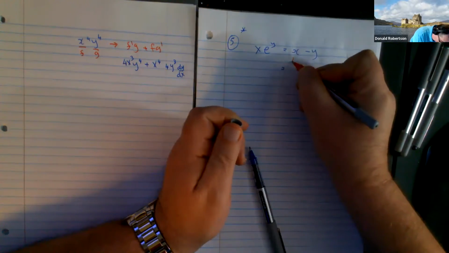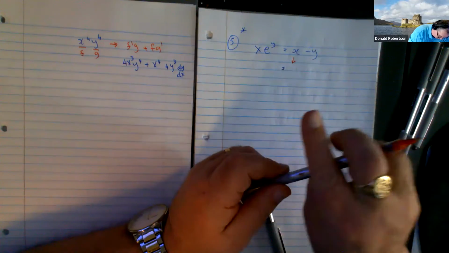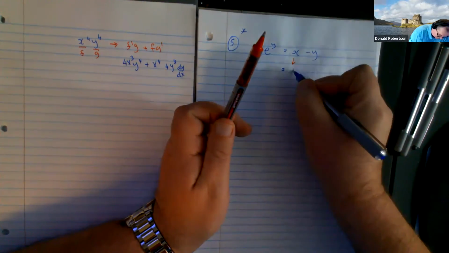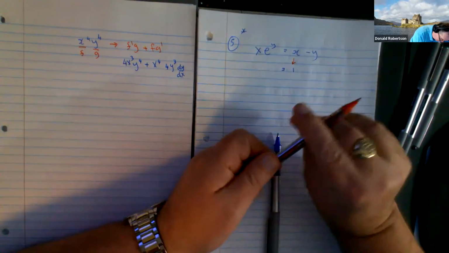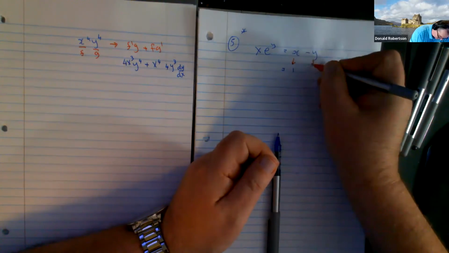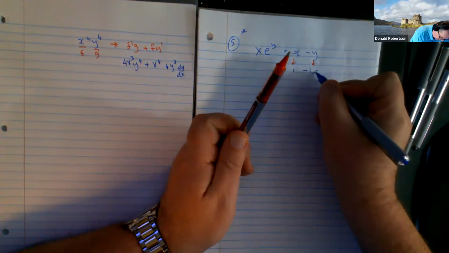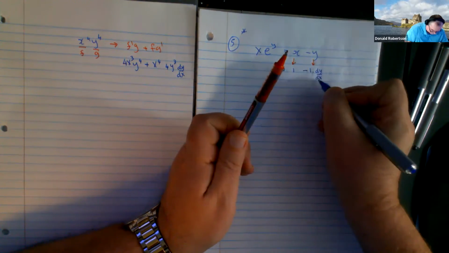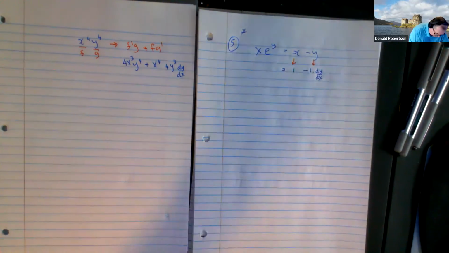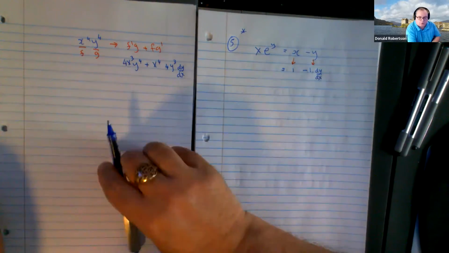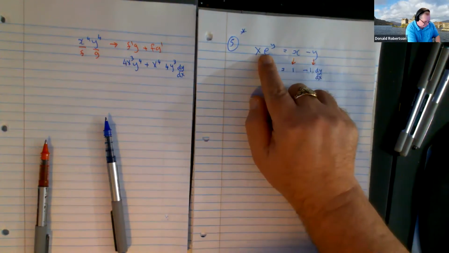So if you differentiate x, you get 1. If you differentiate negative y, you get negative 1 dy by dx. So I probably wouldn't write that negative 1. What method will I use to differentiate this guy?